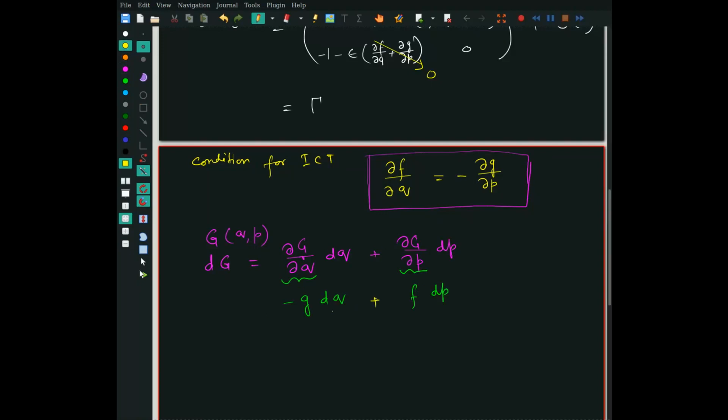Now, if this is true, then for this to be a total differential, what do you check? You precisely check this condition.